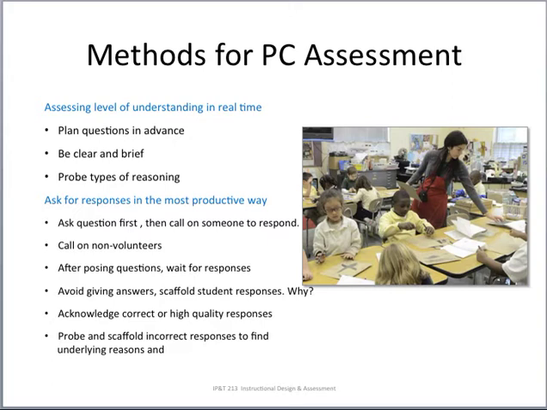Or you scaffold them to a successful response and then praise them for their hard work in coming to that success. So methods of personal communication assessment require some understanding of the finesse of when to ask a question, what kind of wait time, and how to scaffold students. I'll demonstrate this in class the next time we're together.